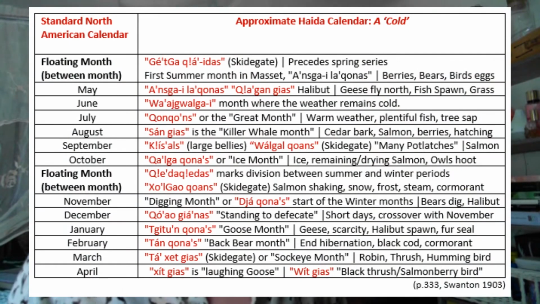So the variability of this is really important to understand. It's not a standard issue like this is how Haida people view their calendar at all. So each month is a moon, which suggests also that each month is more or less a 28-day duration. And that is taken from Lachler 2010.